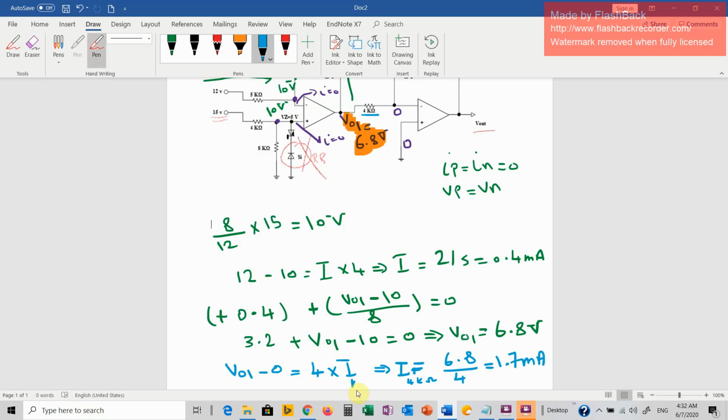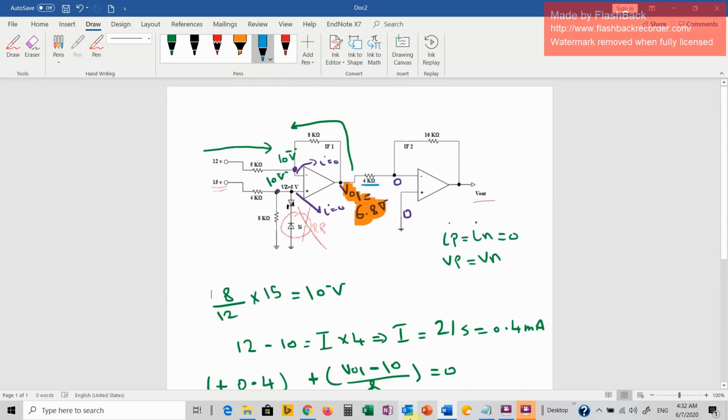So this is for the 4 kilo ohm resistor. The current here is 1.7 milliamps, and here is the current going to this node, and here we have the second feedback current coming to this node.